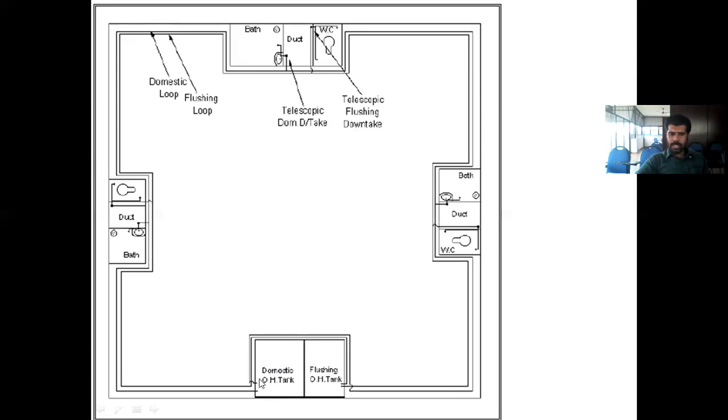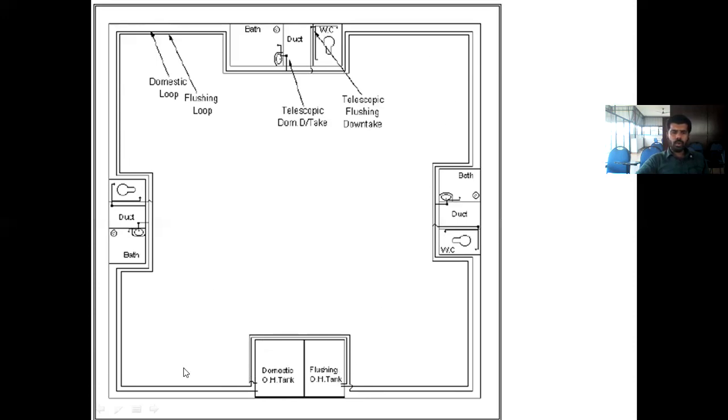From there, one connection is being taken and it is being circulated throughout this, and it will be coming back to the same tank, or the same pipe itself. Okay, so you can take the water from here and you can give back to the tank or to the same pipe.